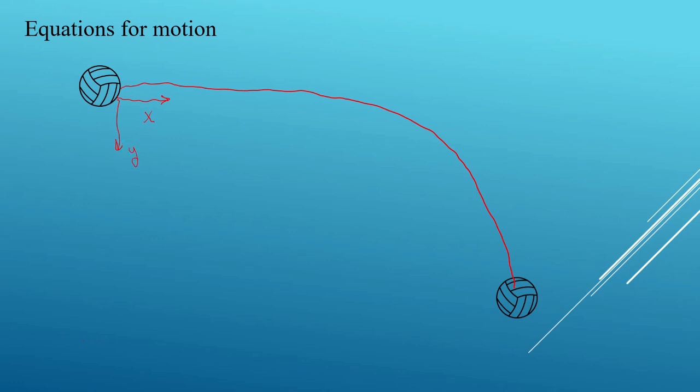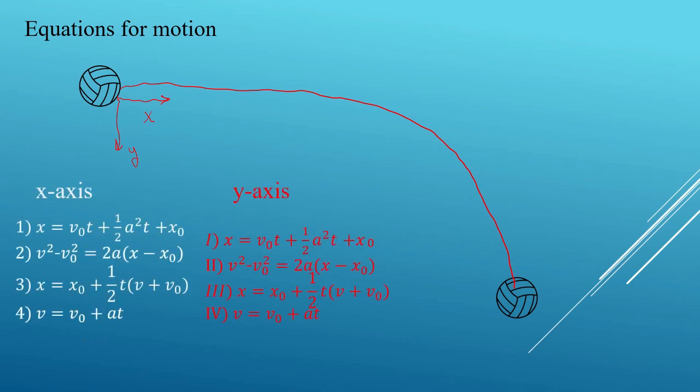So I have both axes here. In this case, if I'm going to write down the equations of motion, I should consider both. So I can have the x and y axes. It depends on what the problem asks me, or what I'm looking for.